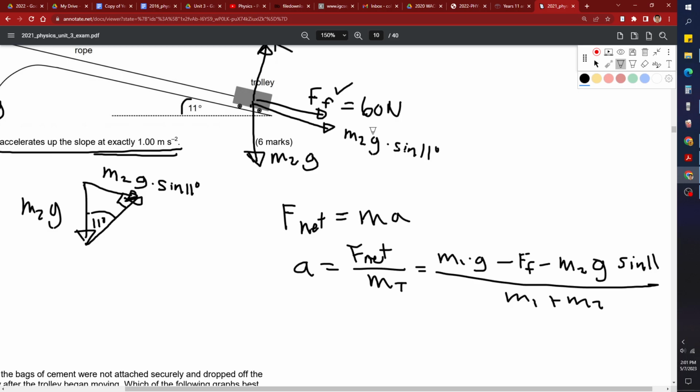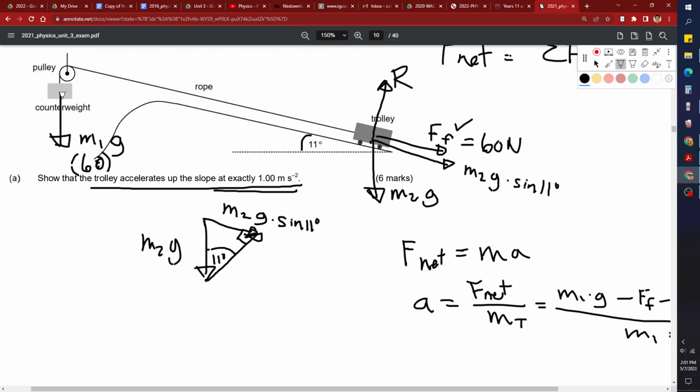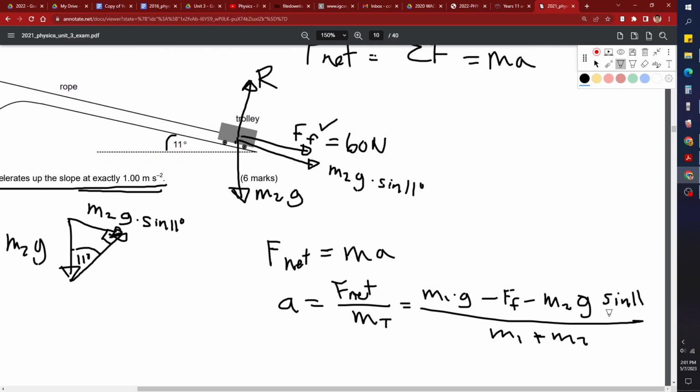Okay? Very easy, that part. Now this one you might not understand, but you should, because as a whole, we are accelerating both the trolley and the counterweight, right? Because they're connected by that rope. Okay, so we're there so far.